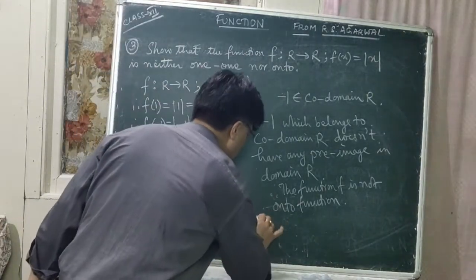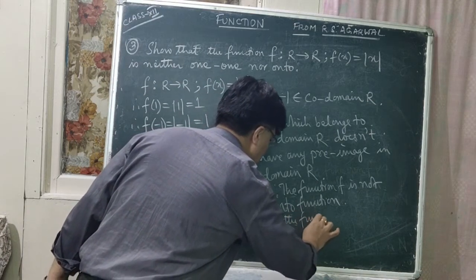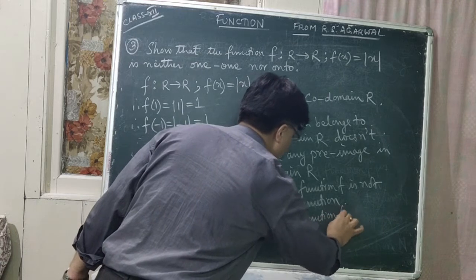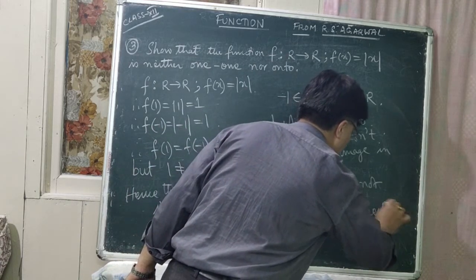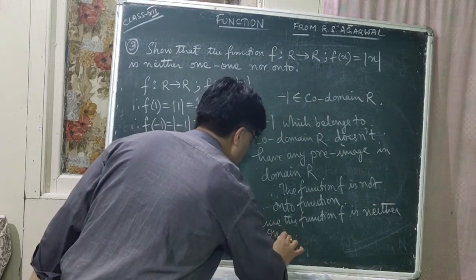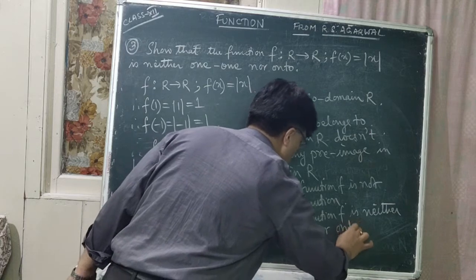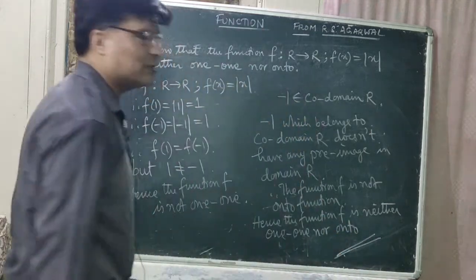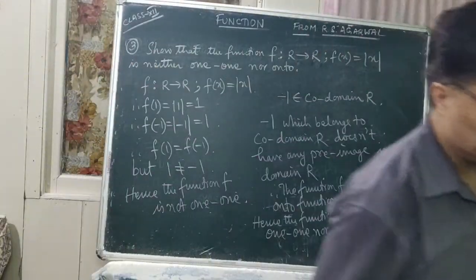So hence the function f is neither 1-1 nor onto. So we have proved this result. So you can copy it. Now we'll do the next problem.